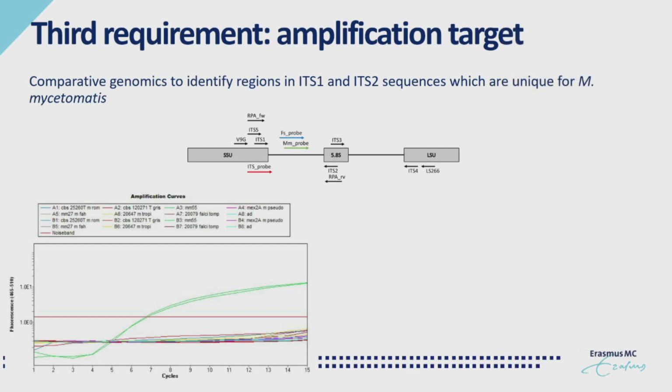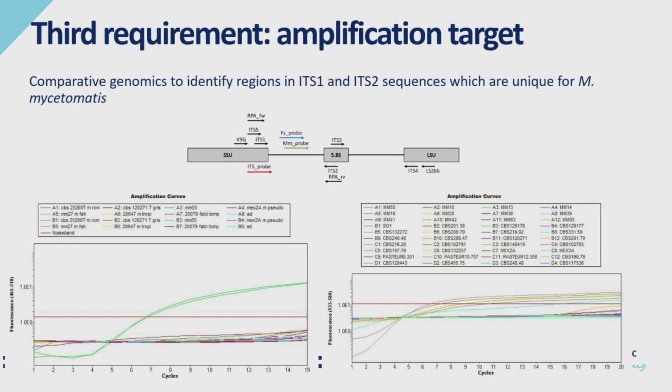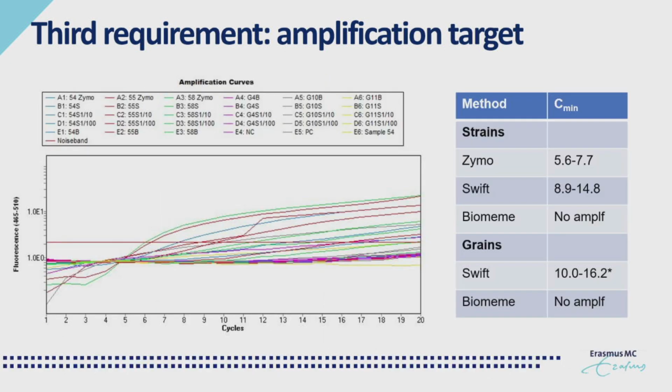So this one is a classical amplification curve, which you would get with this, and this was the probe. And this was when you do this with a lot of other strains. And this was with the Zymo kit. However, if we play a little bit around with the different isolation methods, you see with Zymo we get a very quick reaction. Remember, it's not a cycle, although the machine states cycles, it's minutes.